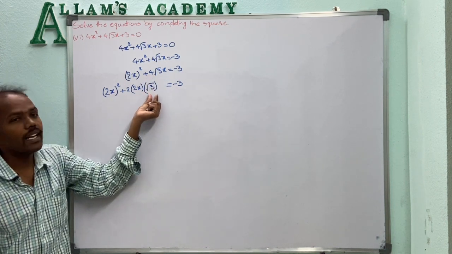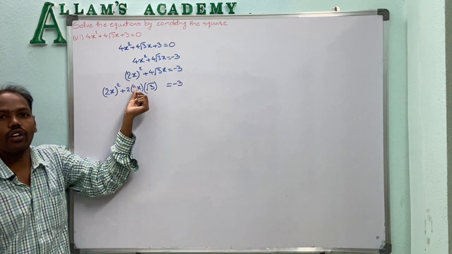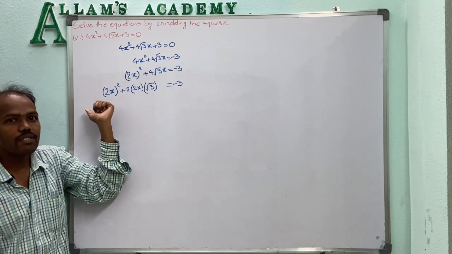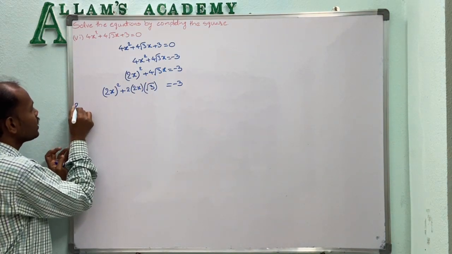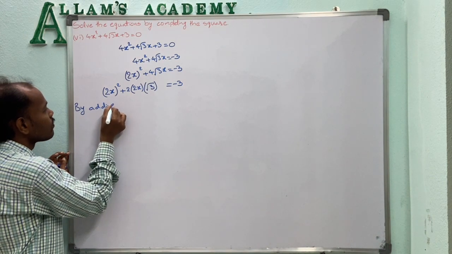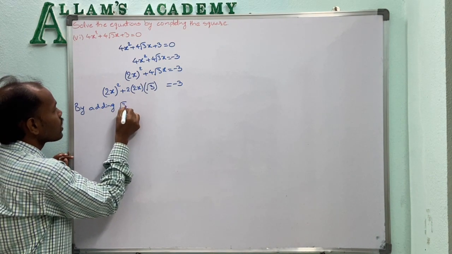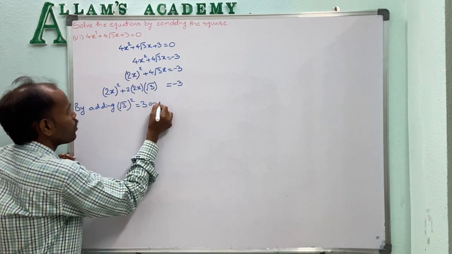That means here in the place of b we have √3. So now we add the b² term, (√3)², that is 3, on both sides.